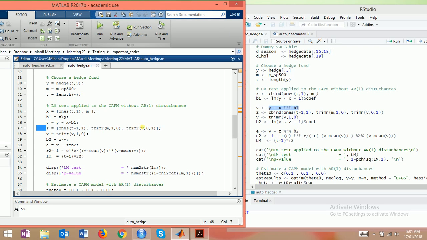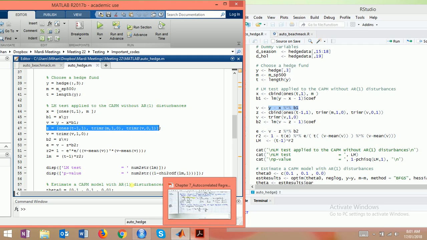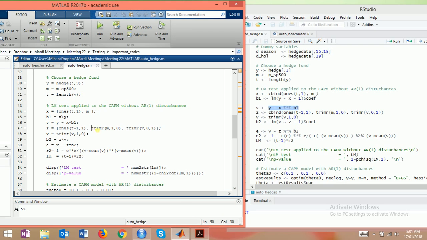Z, on the other hand, is once, now lag, taking the lag, trimmer M10, trimmer V01. Z is trimmer M10, means M_t minus 1, and V is trimmer V10. See, trimmer V01 is V_t minus 1.